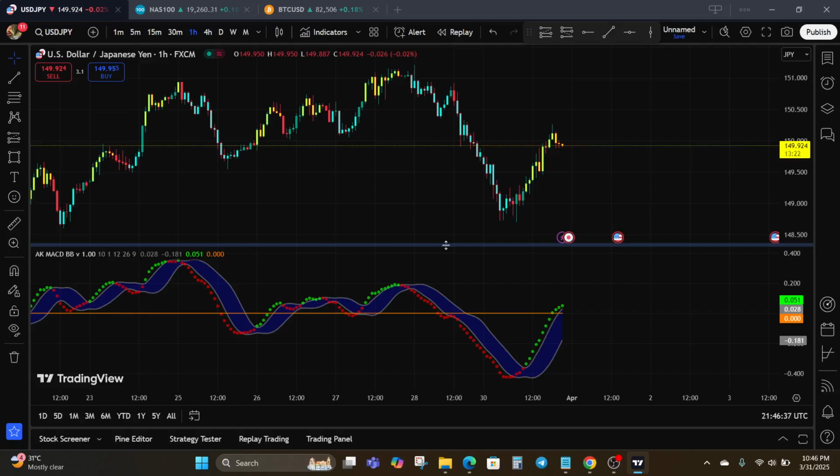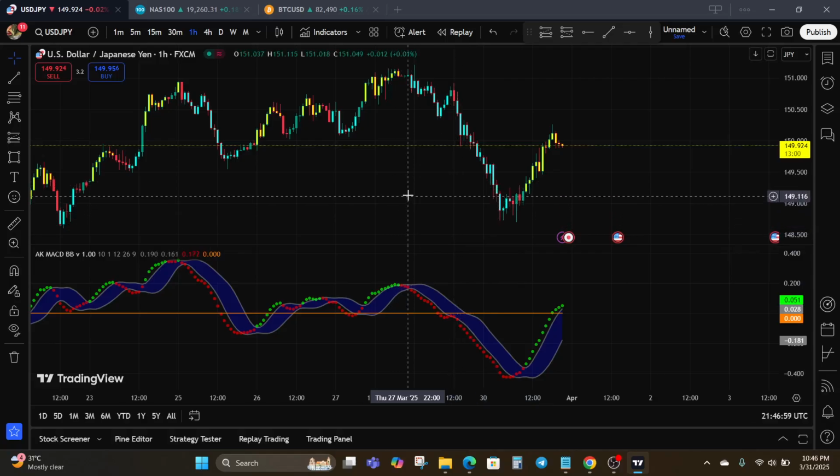Okay, so the indicator enables you to spot breakouts, and it helps you to avoid weak signals by focusing on strong momentum shifts, and it also helps you to identify overbought and oversold conditions with more precision.